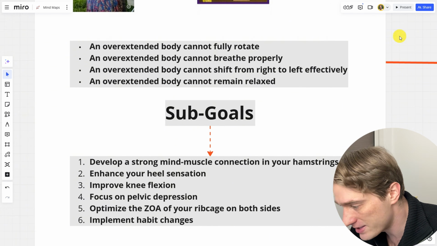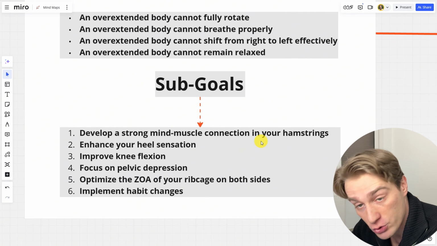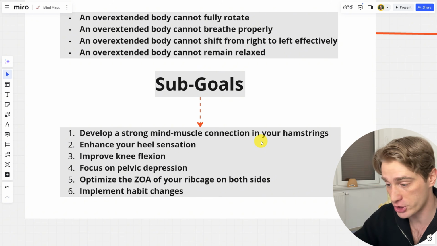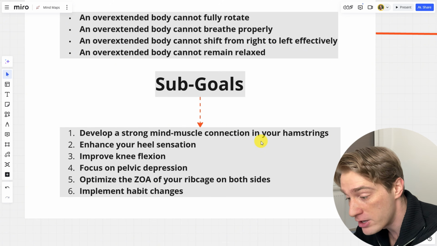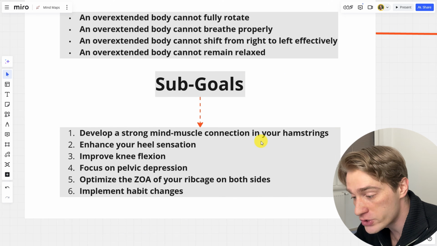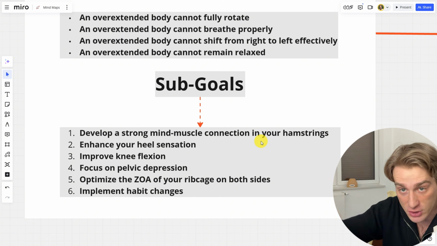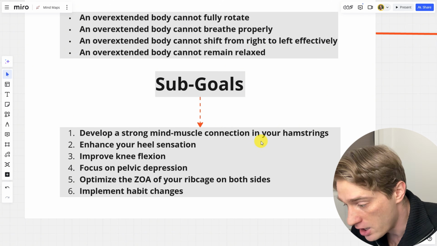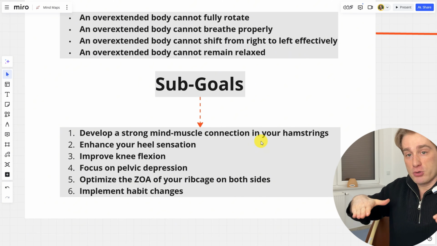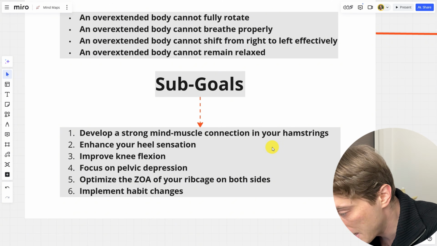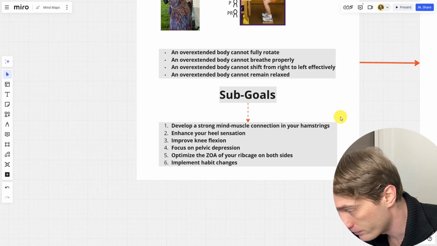The key point of these exercises is to develop a strong mind-muscle connection in your hamstrings in the upright position, enhance your heel sensation on both legs, improve knee flexion, focus on pelvic depression, meaning to move the pelvis down from the anterior pelvic tilt to more neutral, optimizing your ribcage position, so both ribs have to come down into the internal rotation, and also implement a few postural habits.